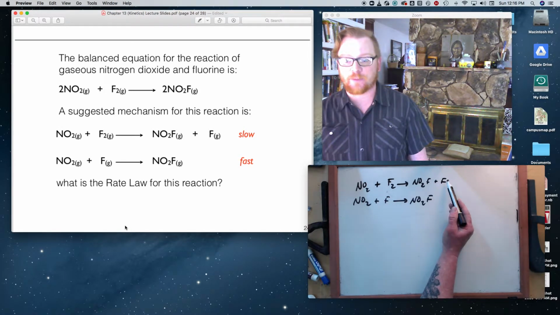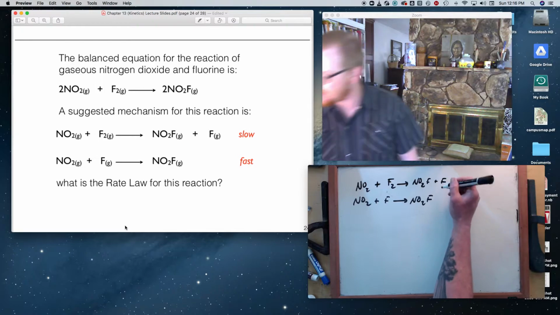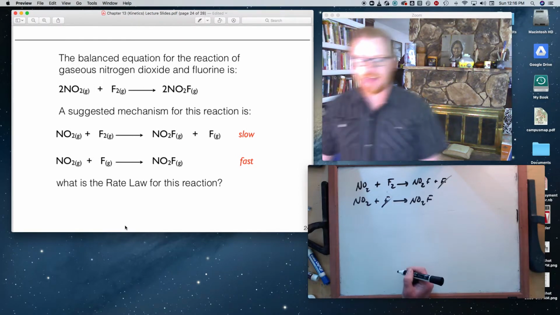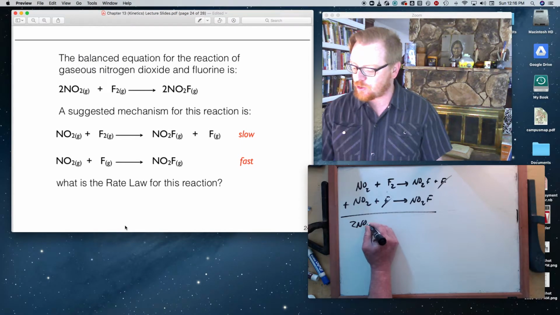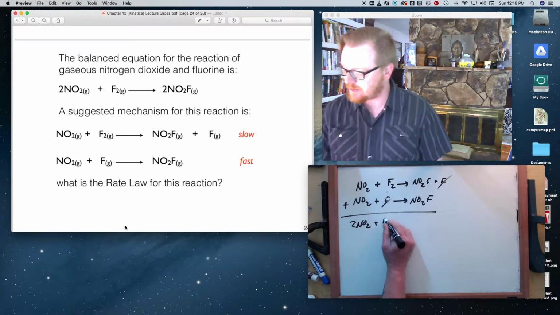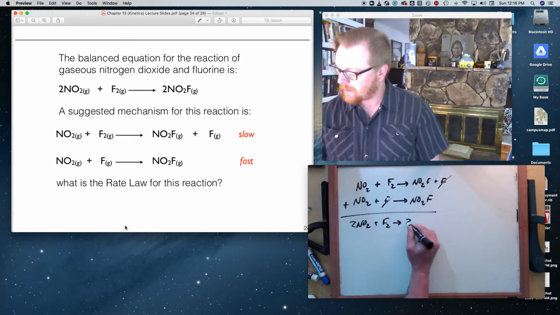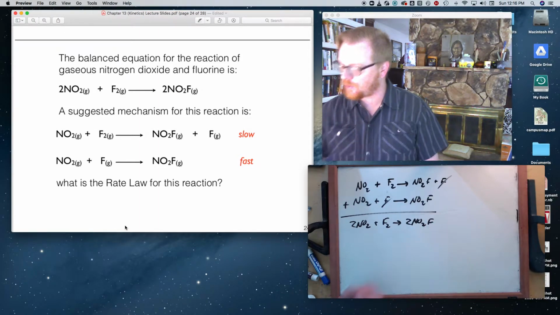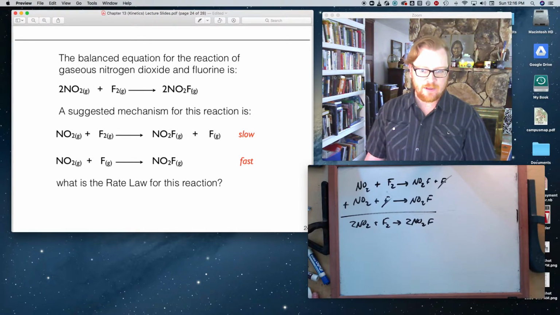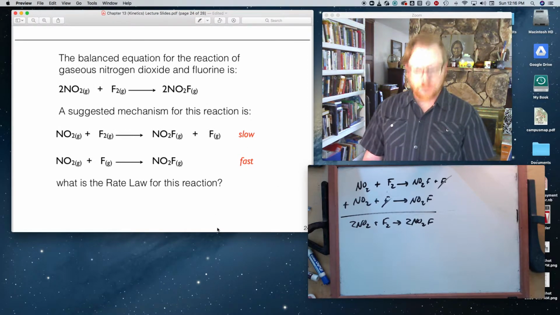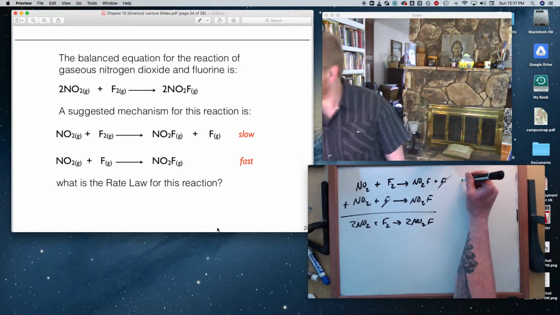Because it's appearing as a product, but then disappearing as a reactant. So that's going to cancel out. And then when I add these two together, I get 2NO2 plus F2 makes 2NO2F. And let's see, yes, that's consistent with my main reaction. So that's good that that's consistent.